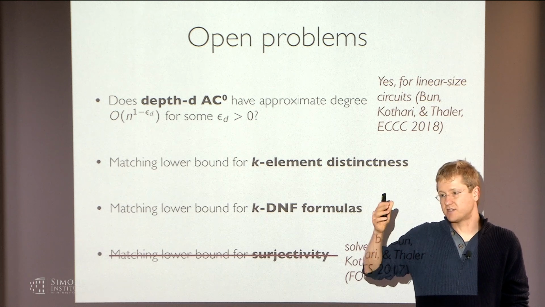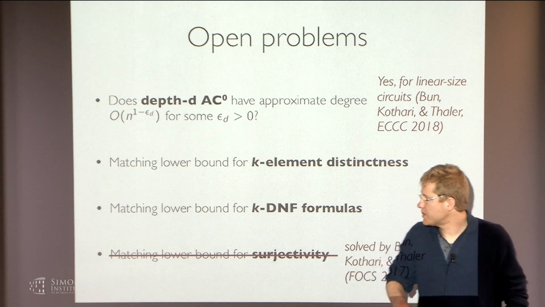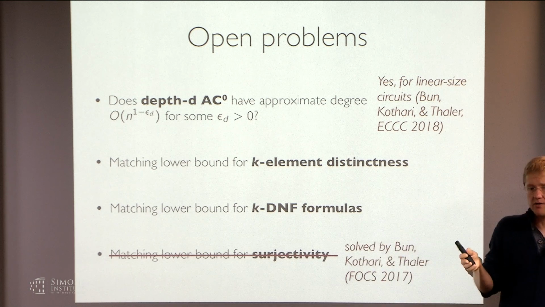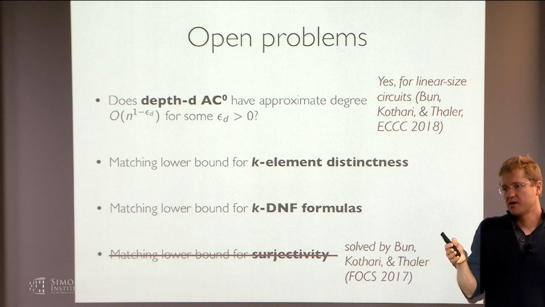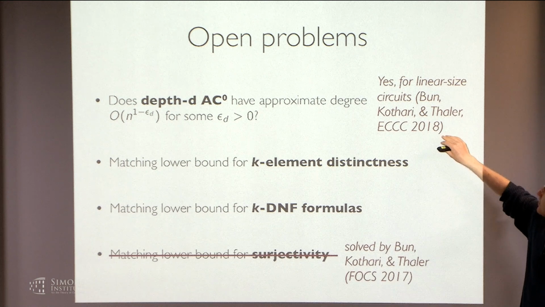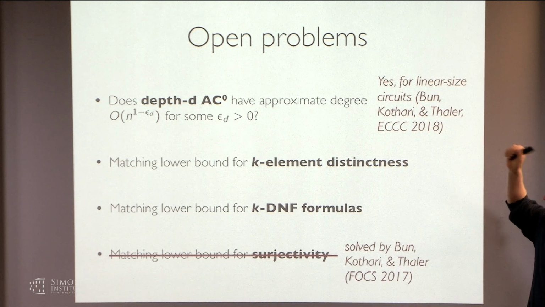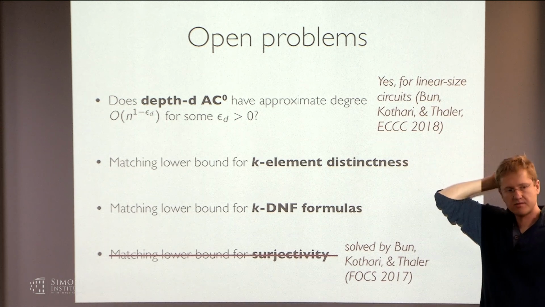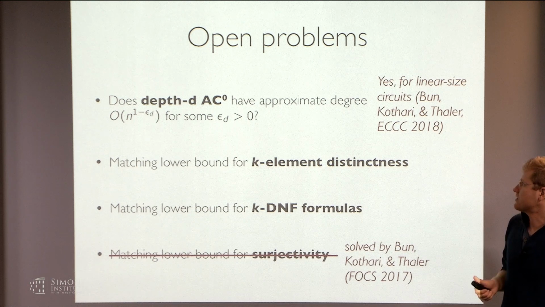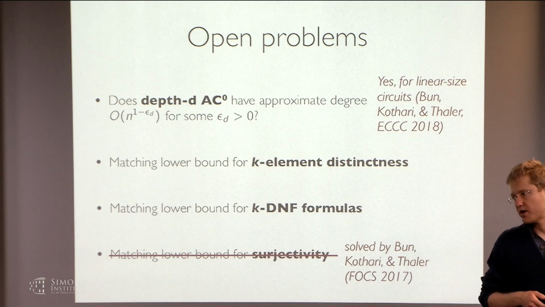If you have a circuit of depth d and you apply the same technique iteratively, then you get an upper bound of maybe not n to the 3/4, but something that is still sublinear. So if your circuit has a number of gates that's bounded by n, then the hypothesis is true. So these authors prove that the answer is yes if your circuit has linear size. But in general, the status of this question remains wide open.